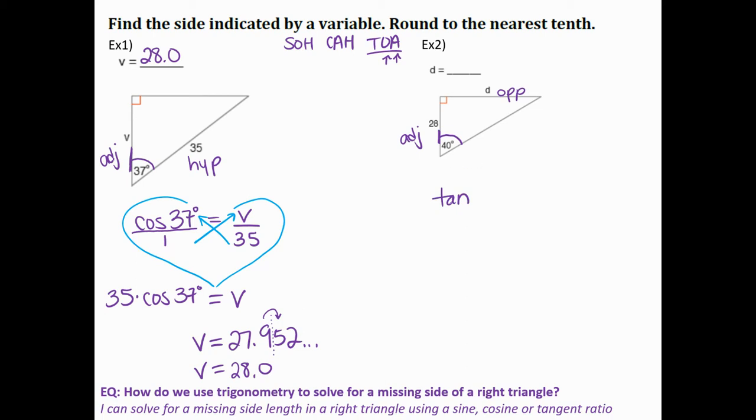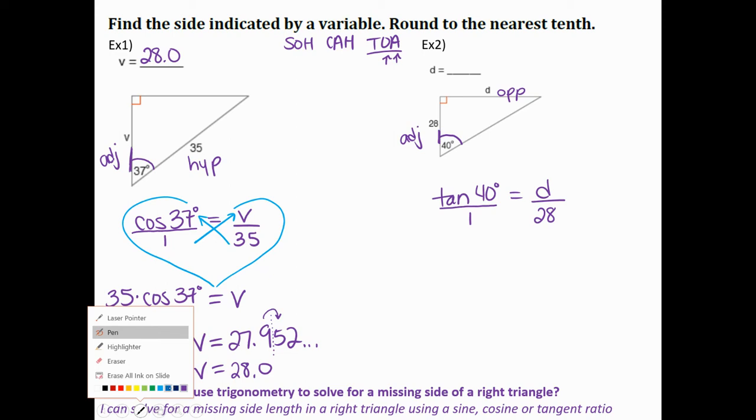And then with tangent, again, I have to say which angle I'm talking about, 40 degrees. Then I'm going to set up opposite over adjacent. So D is the opposite, 28 is the adjacent. Then I'm going to make tangent 40 into a fraction by putting a 1 under it. I'm going to cross multiply, do the love connection.